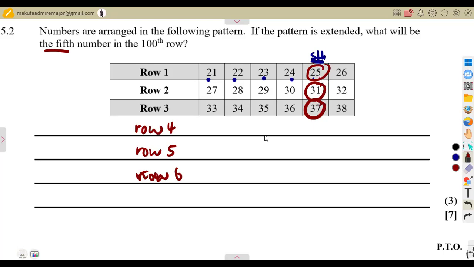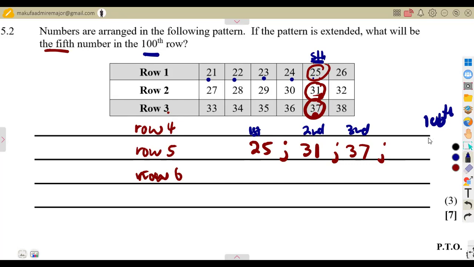The first one, of the first row, was 25. Of the second row, the 5th number is 31. The third row, the 5th number is 37. So this is the first row, this is the second row, this is the third row. So on the 100th row, what is the number? If you are to count, guys, up to 100, you can do that.